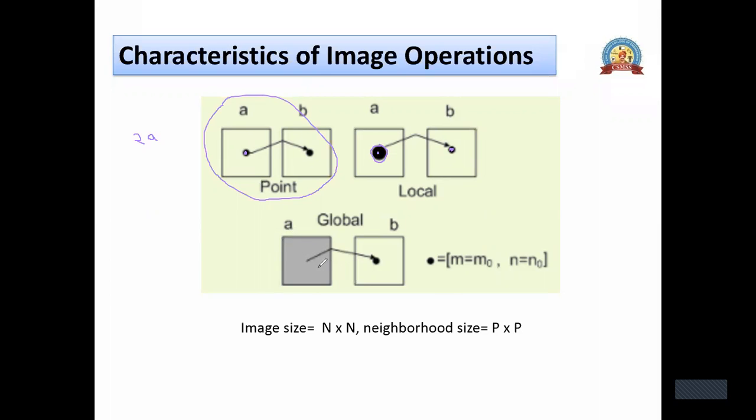You take the complete image, and then you replace that particular point with that value. So the complete image gives you only one value for one particular pixel. That is what global operation is. So image processing operations can be divided into these three types: point, local, and global.